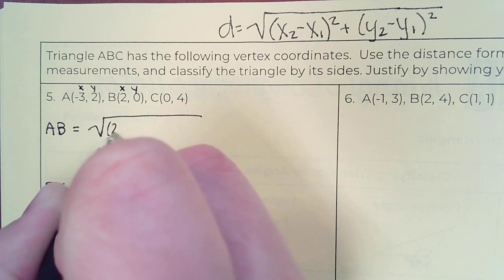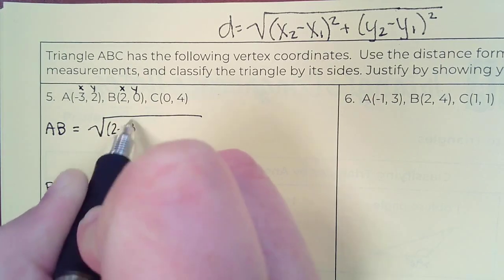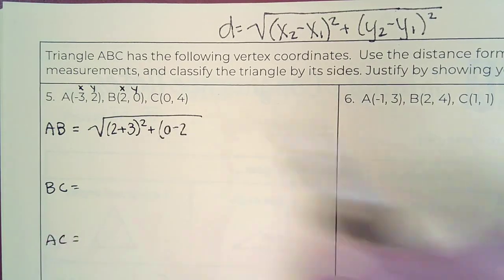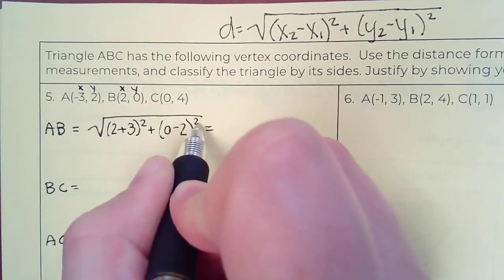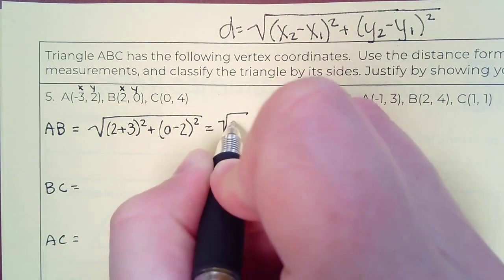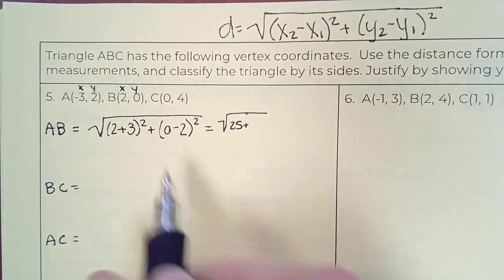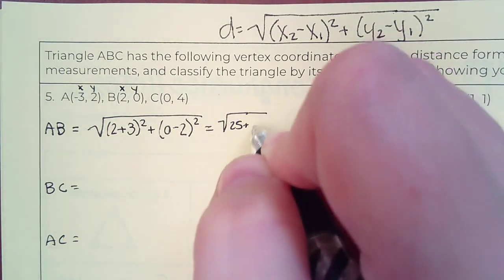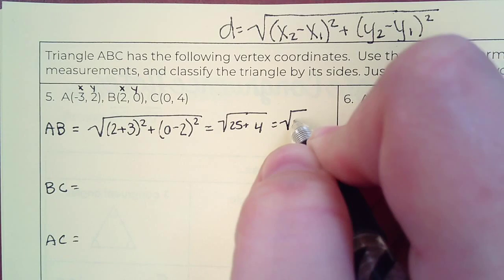So 2 minus negative 3, so plus 3, squared, plus 0 minus 2, squared. 2 plus 3 is 5. 5 squared is 25. Plus 0 minus 2 is negative 2. Negative 2 squared is 4. So this is the square root of 29.